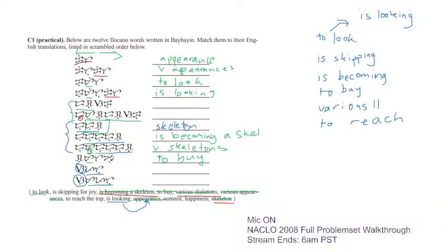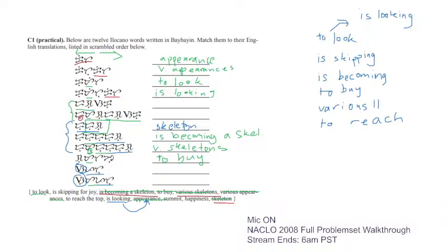Okay, so then we know that this one is a group of 2. Now that we figured out the big group of 4, I'm feeling a little better about getting this. Okay. We've got a group of 3. Skeleton, becoming a skeleton, various skeletons. I think that's fine. This is fine. And I think to buy is right as well.